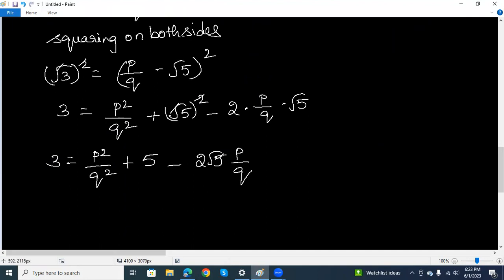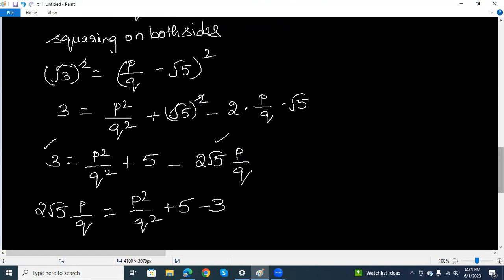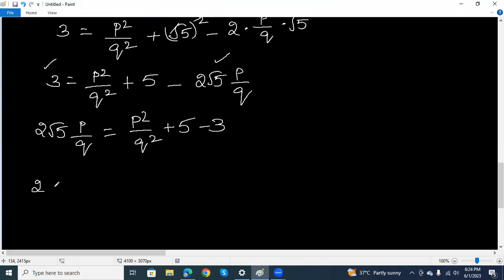Here what is the irrational number? Root 5. Transpose to the other side, bring this 3 to this side. So minus 2 root 5 P by Q will become plus 2 root 5 P by Q. As it is, this one we will write P square by Q square plus 5, and 3 comes to this side as minus 3. So 2 root 5 P by Q is equal to P square by Q square plus 5 minus 3, which gives plus 2.